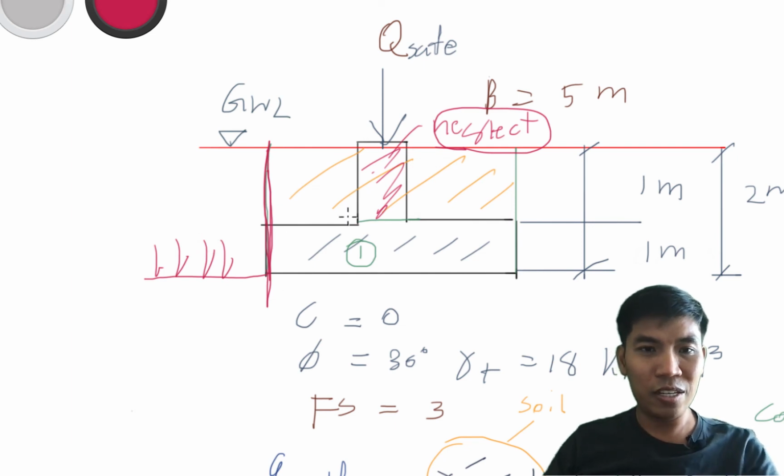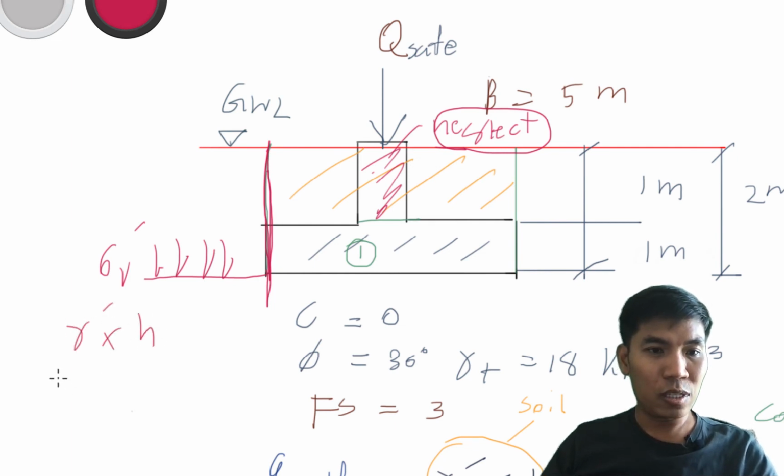The q cell is inside, the q is outside. Q is the total vertical effective stress acting around here. So q is equal to gamma prime multiplied with H, equal to gamma prime multiplied with 2.